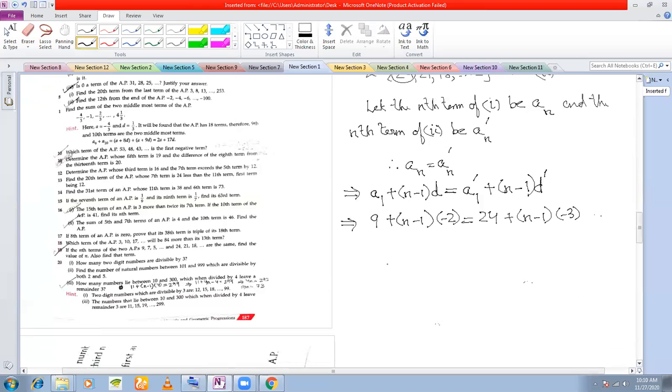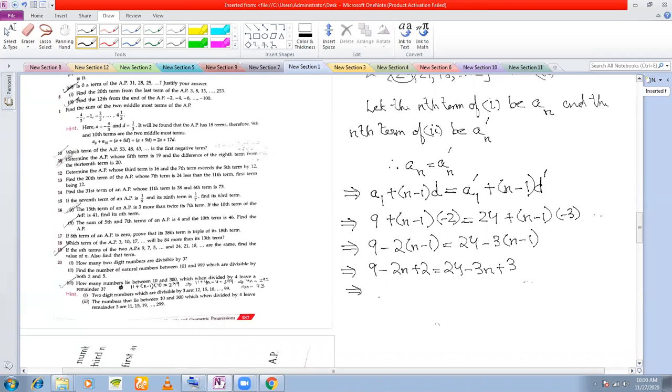So we have 9 minus 2 times n minus 1 is equal to 24 minus 3 times n minus 1. 9 minus 2n plus 2 is equal to 24 minus 3n plus 3.